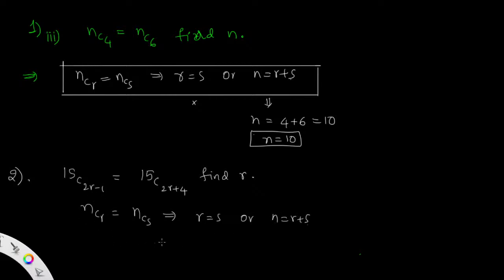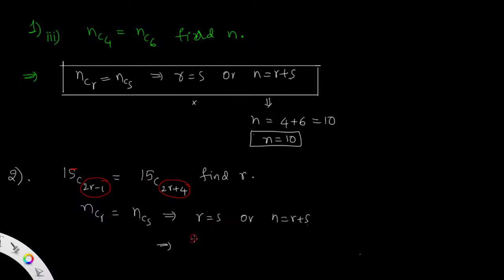Here n is the same on both sides and the suffixes are different, so you write r equal to s or n equal to r plus s.